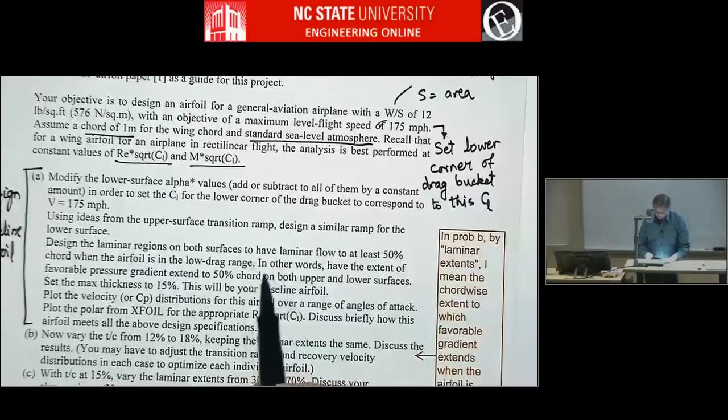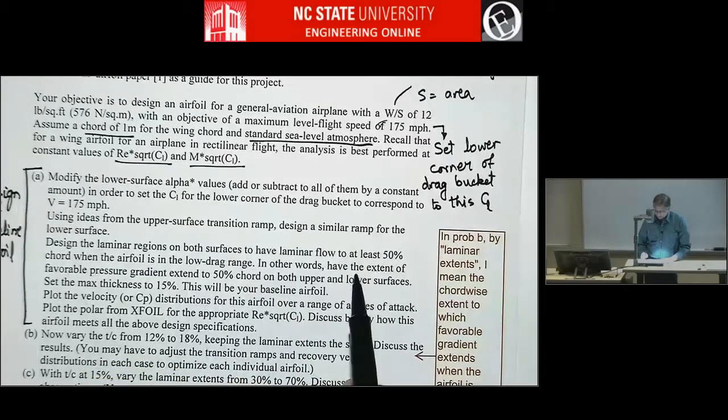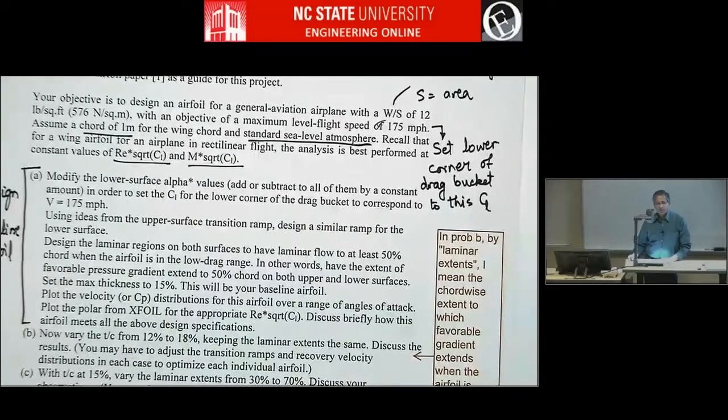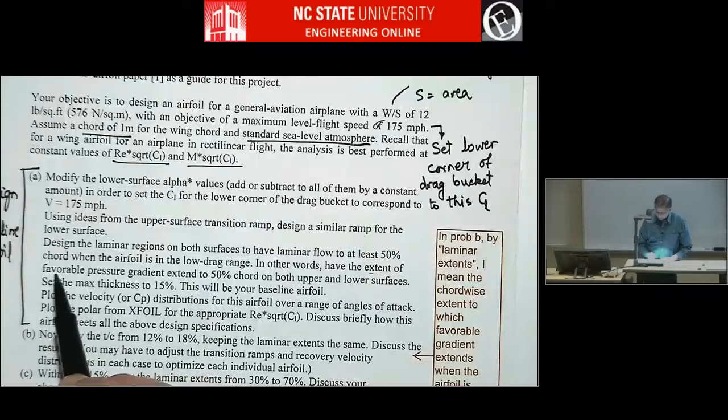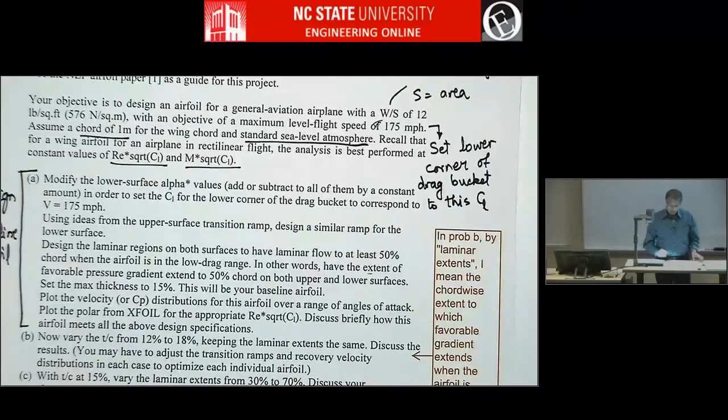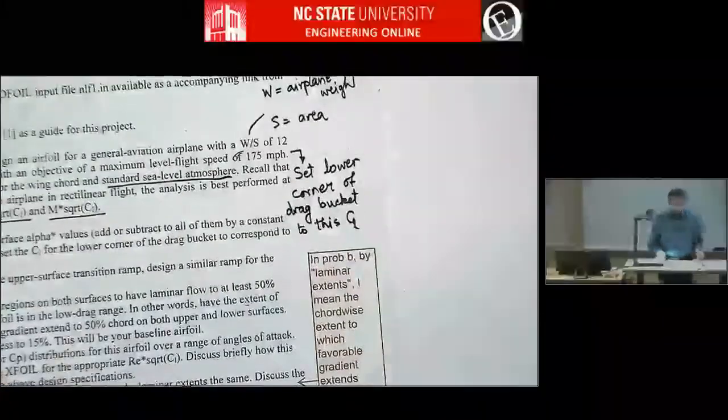Okay, so this is kind of ambiguous because it is very difficult to word. It's hard to put into words because the extent of laminar flow keeps changing at different conditions. But what I'm trying to say is, have the extent of favorable gradient extend to 50% chord on both the upper and lower surfaces, and make it exactly 50% so that the next sections will become easier.